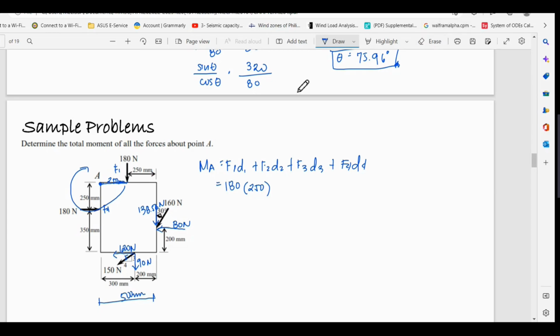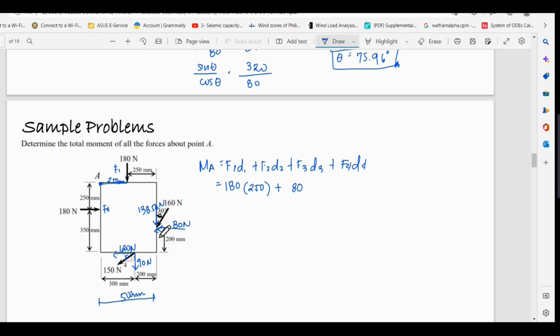Next is F2. This one is our F2 from earlier. We will use the components of our F2 because our force is inclined. Let's start with F2x. F2x is 80 Newton. What is the distance perpendicular to our point A?